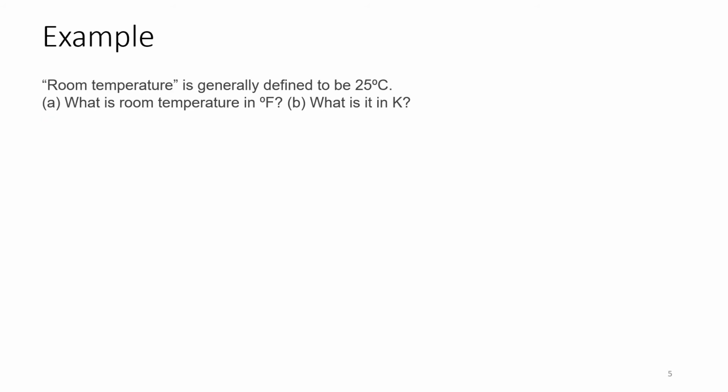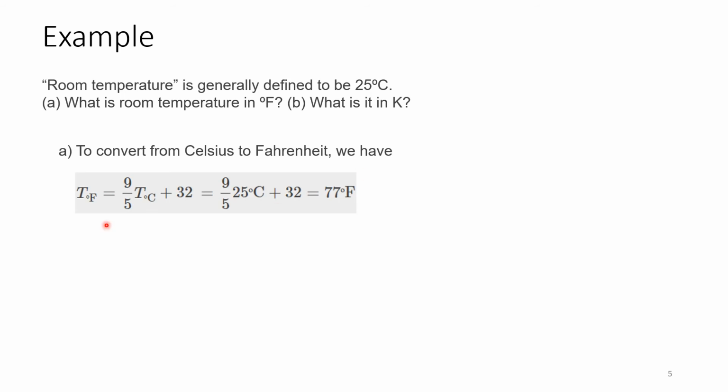It is important to know how to convert between these three temperature scales. Let's look at this example together. In part A, to convert from Celsius to Fahrenheit, we use the equation temperature in Fahrenheit equals 9/5 times temperature in Celsius plus 32, and we get 77 degrees Fahrenheit.